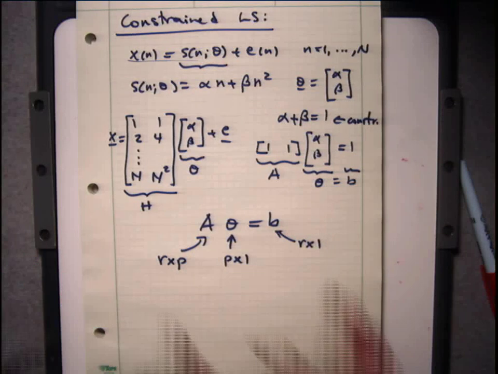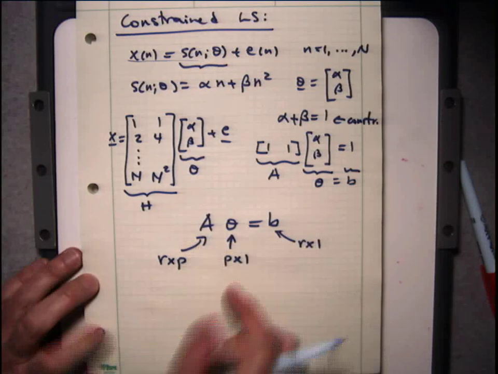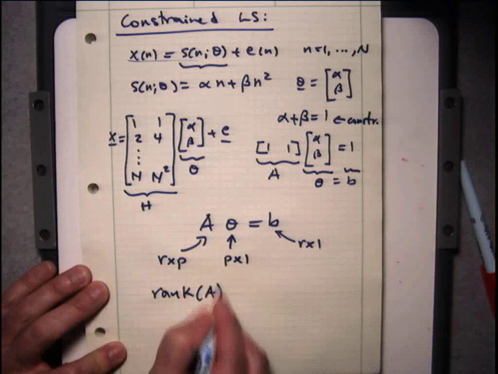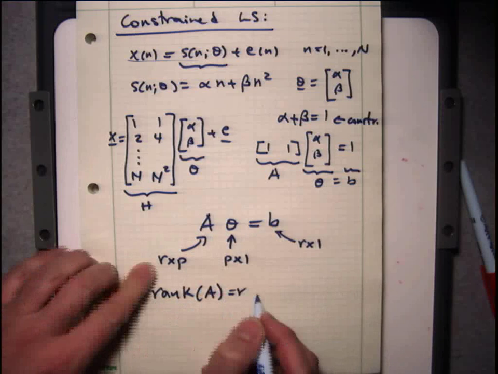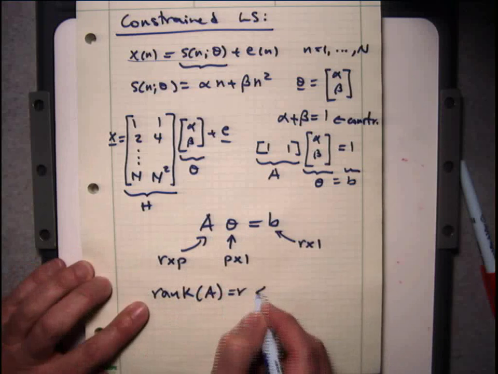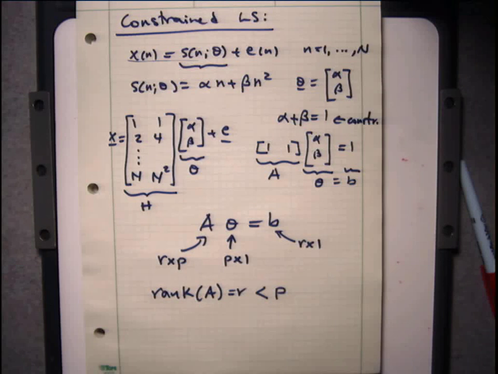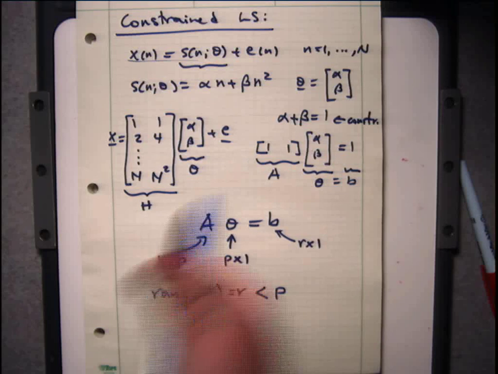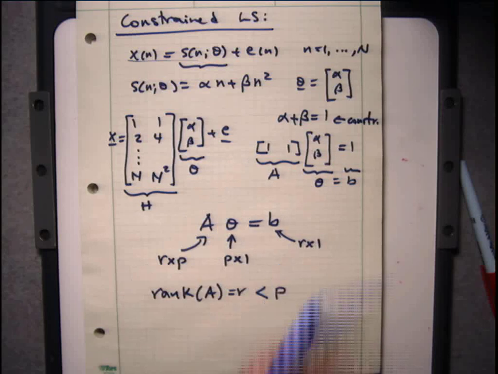It's very important to recognize that this constraint must be such that the rank of A, which I'm calling r here, has to be strictly less than p. Why? Because if the rank of A is equal to p, then this equation uniquely specifies what theta is.